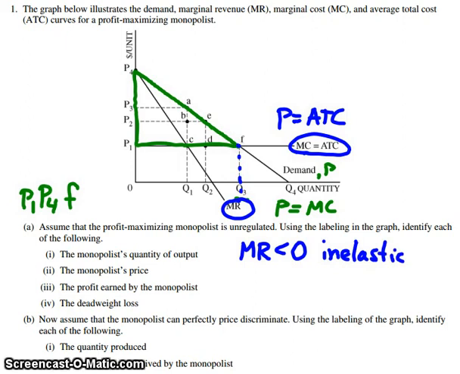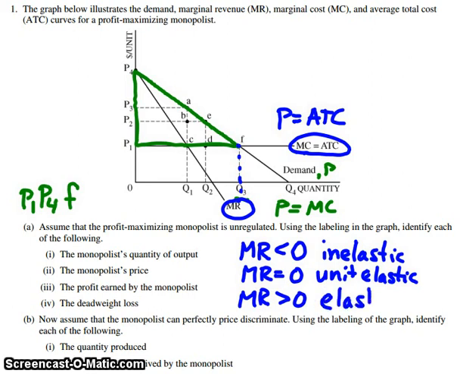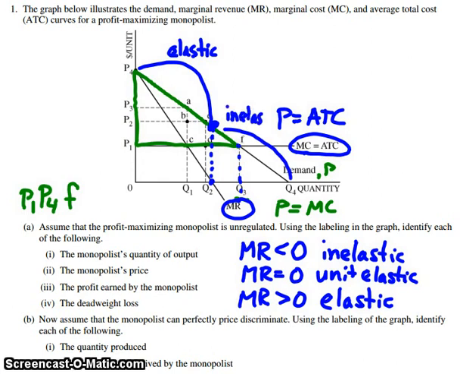When marginal revenue is equal to 0, we're unit elastic, and when marginal revenue is greater than 0, we're in the elastic range of our demand curve. So this would be the point of unit elasticity. So the upper range here is all elastic, then unit elastic, and then inelastic. And that's it.